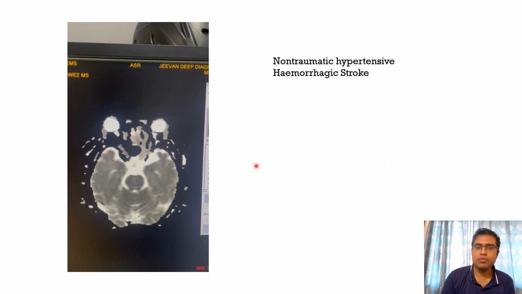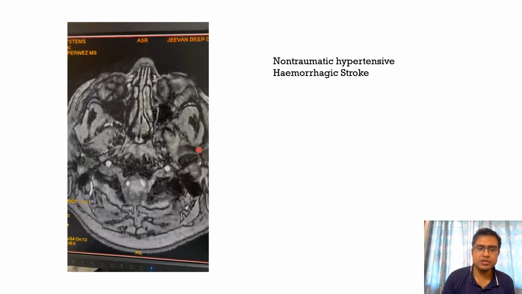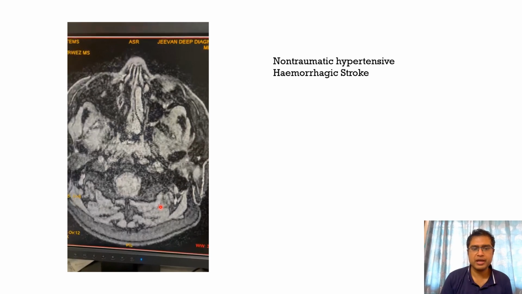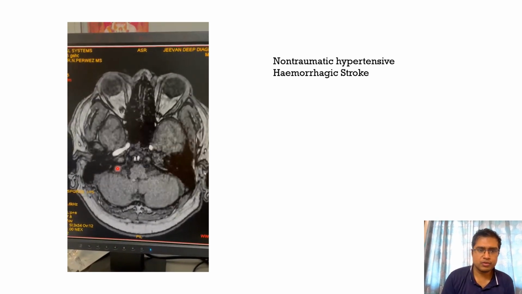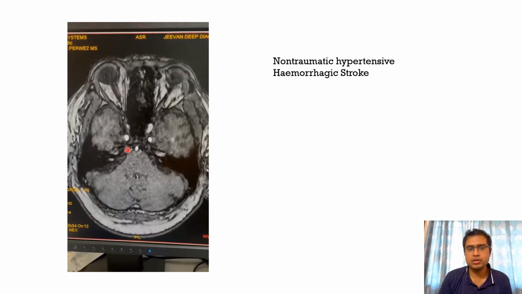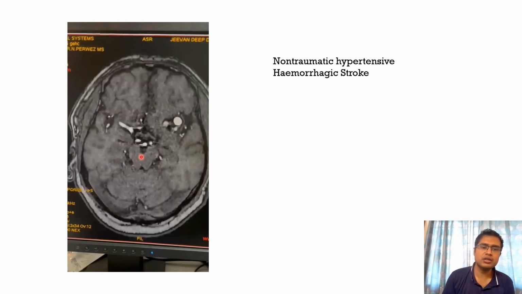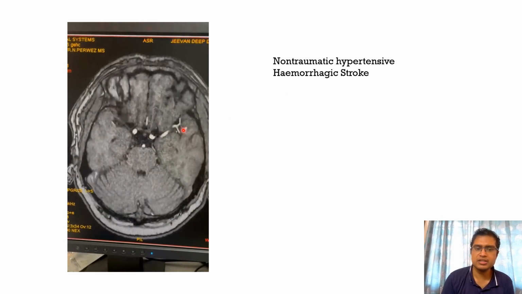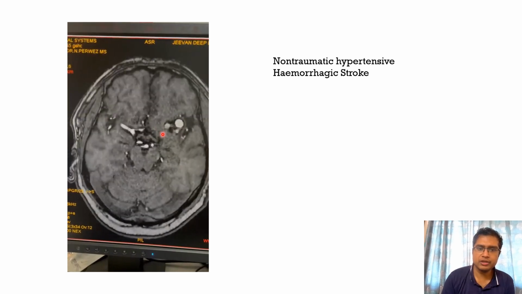For the second patient, I'll also be showing the angiography image. So this is the angiography axial section. The clinician diagnosed it as a hemorrhage, but he was suspecting an aneurysm of the MCA, so this was sent for a review.